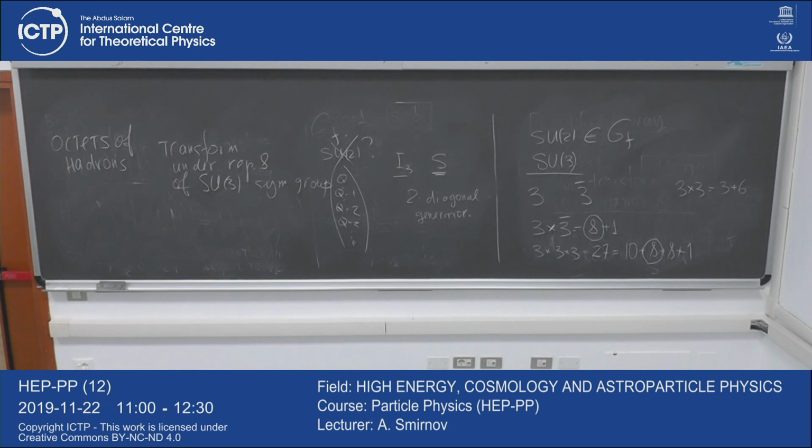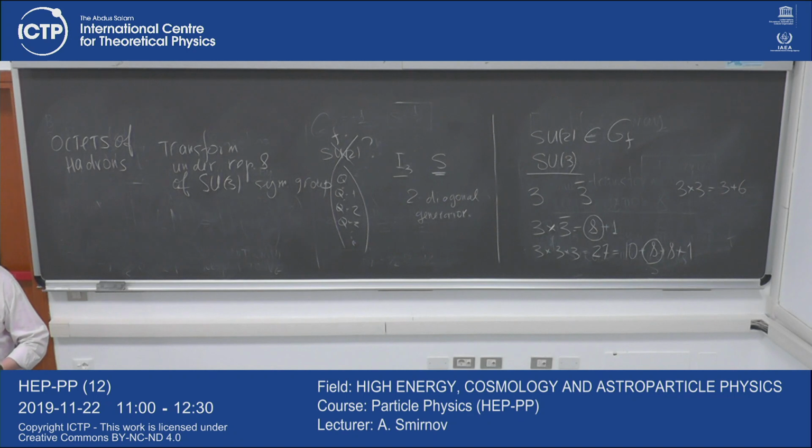It also implies that all the masses of particles in a given family should be the same, which is not true, right? So you know that K meson is more than 3 times heavier than pions, and therefore this is not exact symmetry. So the symmetry should be broken somehow to get different masses.